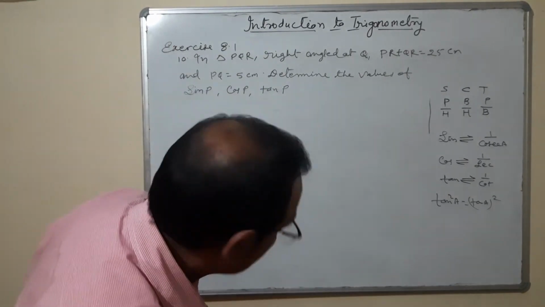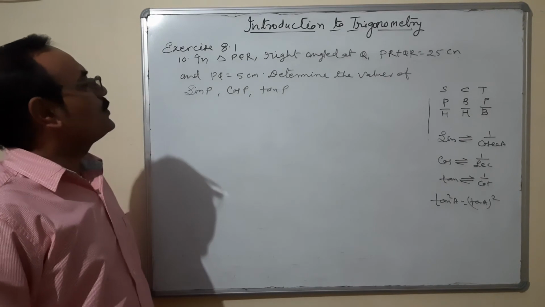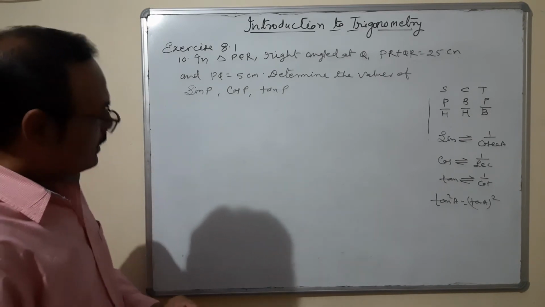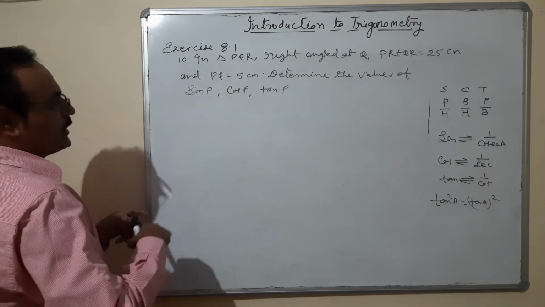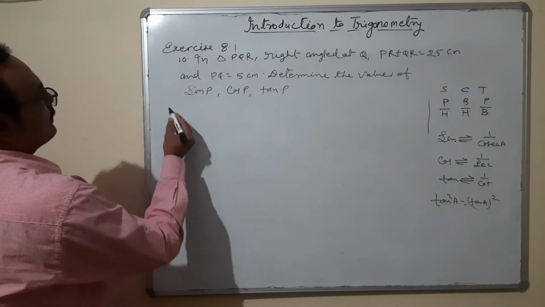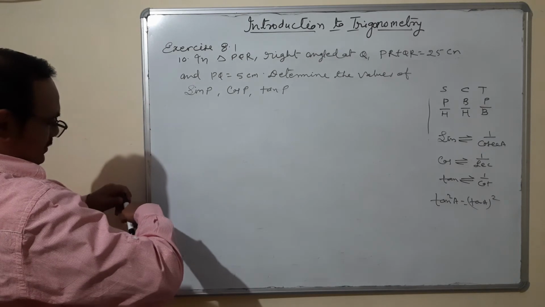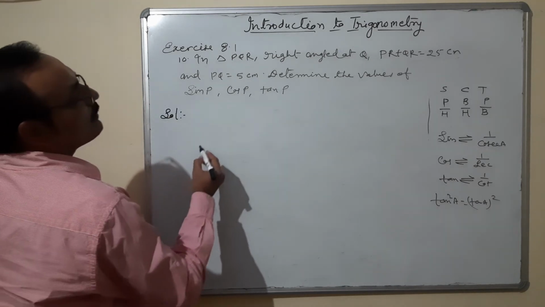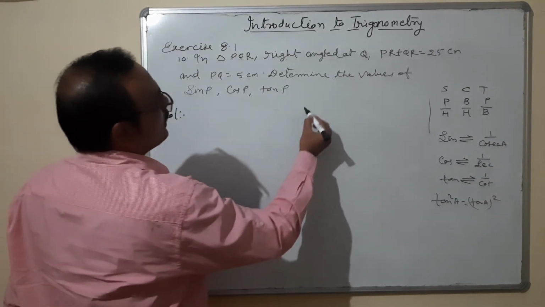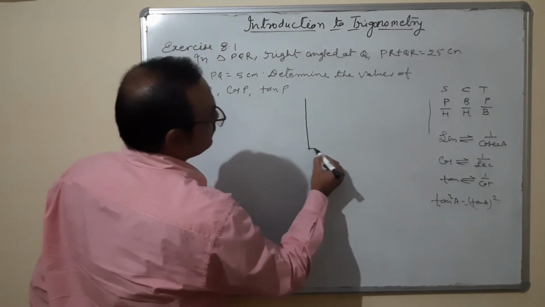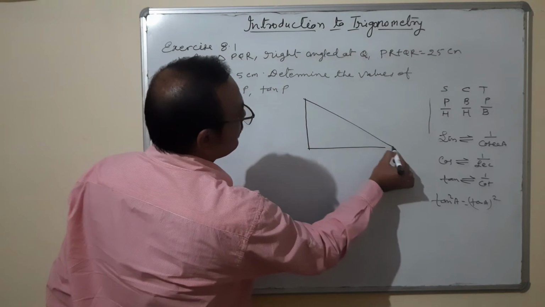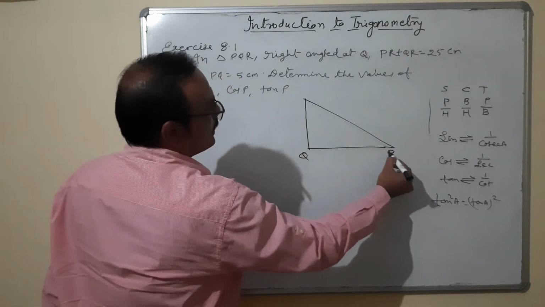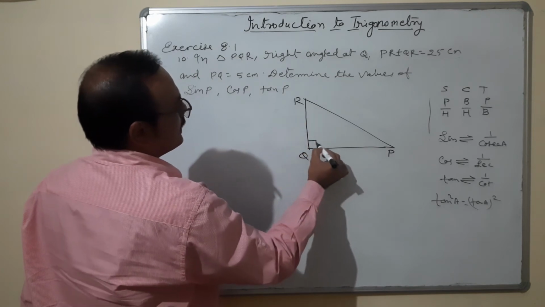First line, in triangle PQR right angled at Q. I am drawing a triangle here. In this triangle PQR, right angled at Q, this angle is 90 degree.